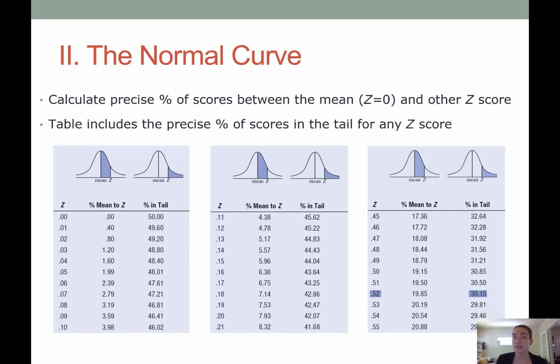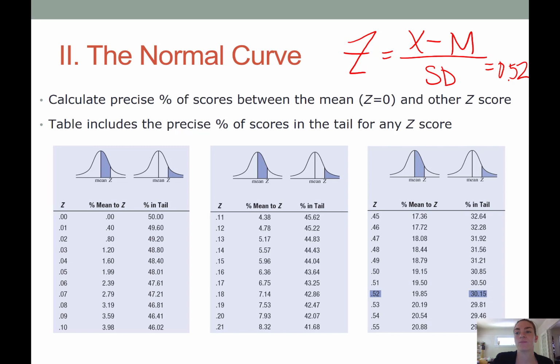So if we did want to work through an example using the z-table, let's just pick a value. Let's say I calculated a z-score for someone in my sample, and their z-score is positive 0.52, right? So I plugged my person's score into the z-score formula, and I got 0.52.